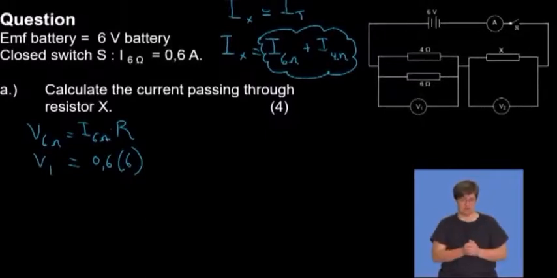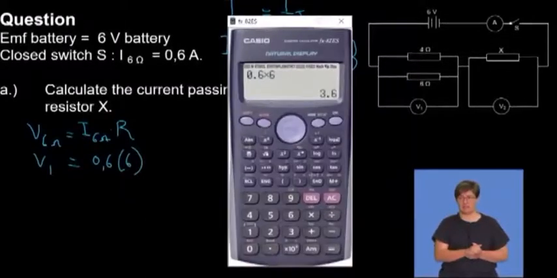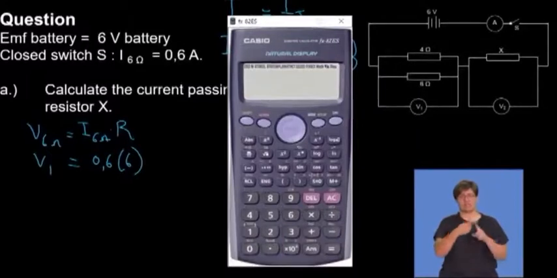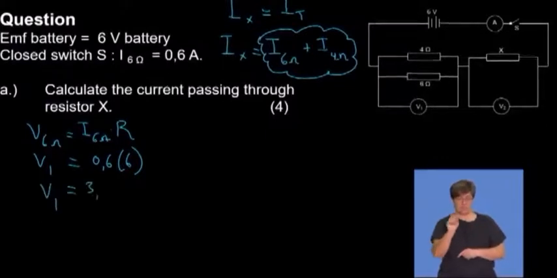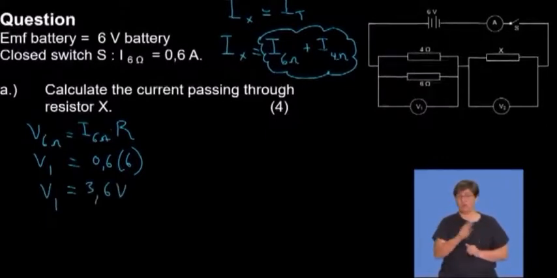If we go to our calculator, 0.6 multiplied by 6 gives us 3.6 volts. So V1 is equal to 3.6 volts. In other words, V across 4 ohms is the same as V across 6 ohms, which is V1.